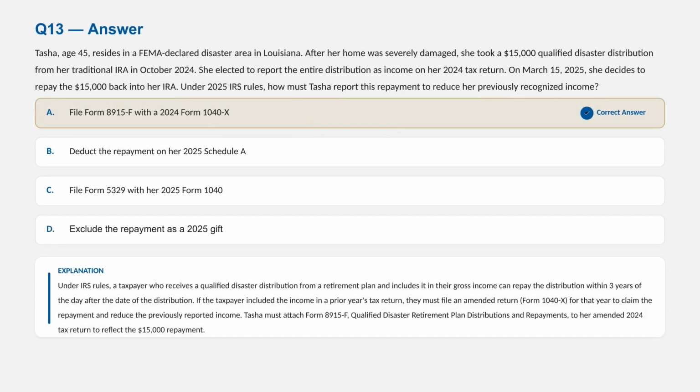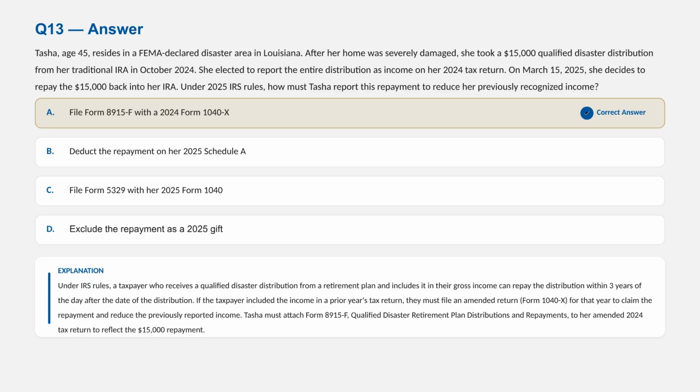The correct answer is A. File Form 8915F with a 2024 Form 1040X. Under IRS rules, a taxpayer who receives a qualified disaster distribution from a retirement plan and includes it in their gross income can repay the distribution within 3 years of the day after the date of the distribution.